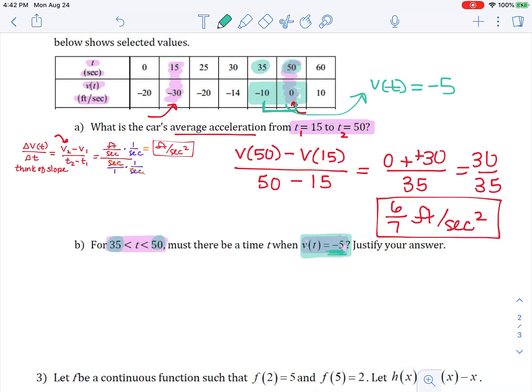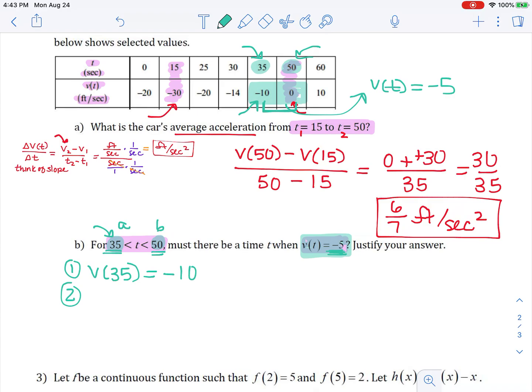Now, how do I show that? Well, one, you find v of our first one, v of 35. Well, what is v of our first one? V of 35 is -10 here. Okay, our second thing, v of our second thing.